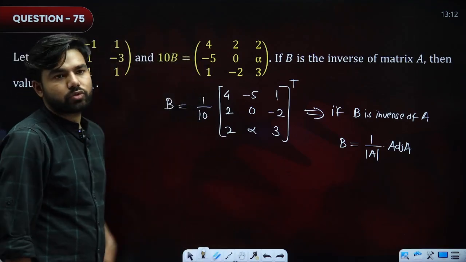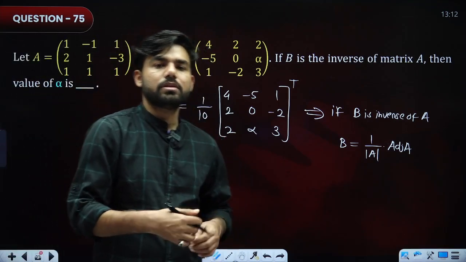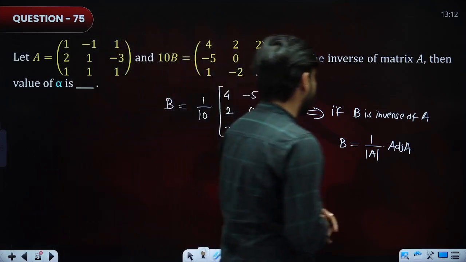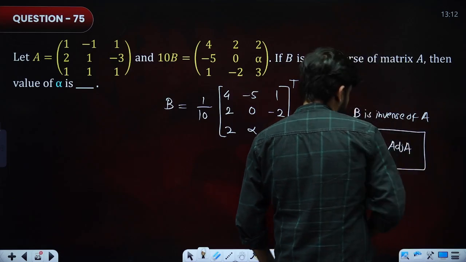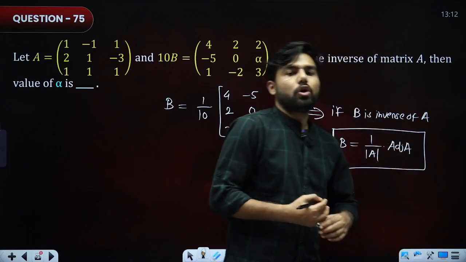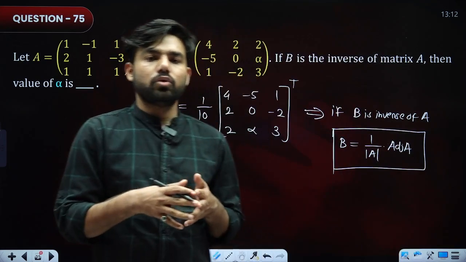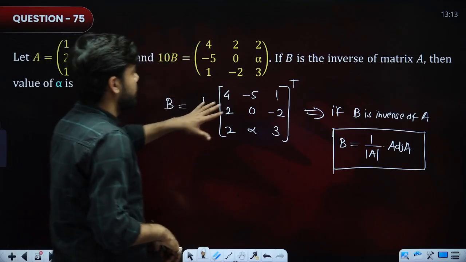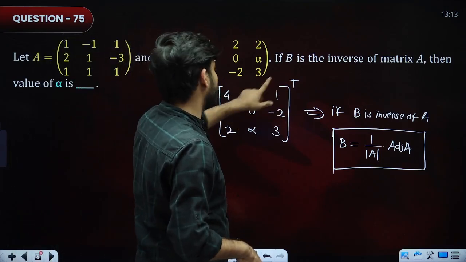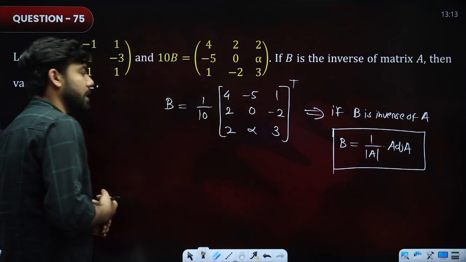Adjoint of A is nothing but the transpose of all the cofactors of the given elements. So we have taken the transpose again over here, so it looks like this.